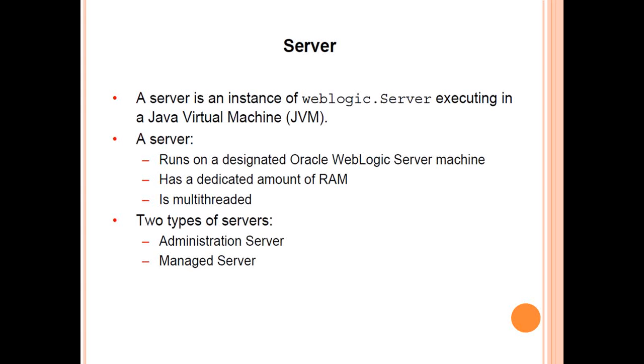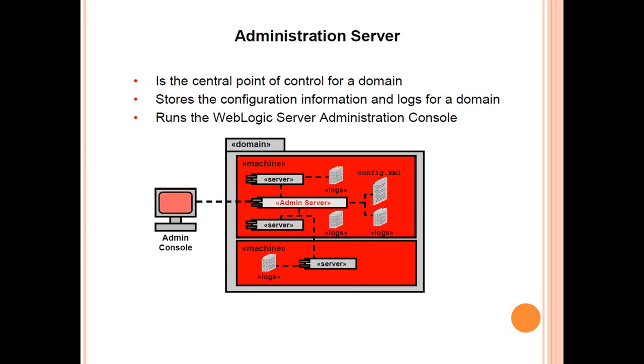Coming to the administration server, as we discussed earlier, once you create a domain, it comes with a default server. You cannot avoid that. That server is called the admin server. Per one domain, there will be one admin server. You cannot increase the number of admin servers.